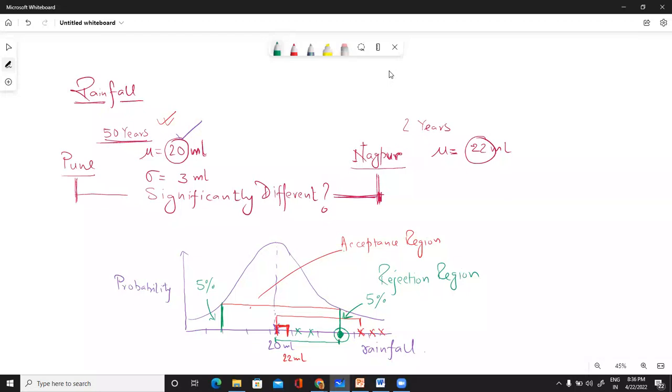How will we find that? This is called z critical. It is the critical value of z which demarcates the acceptance and rejection region. So we want to find the critical value. How will we find that logically? What will you do?